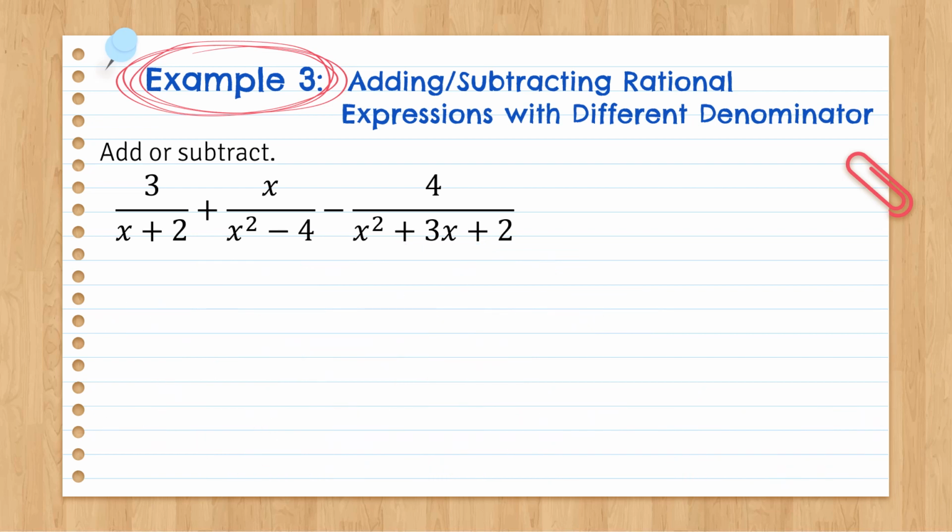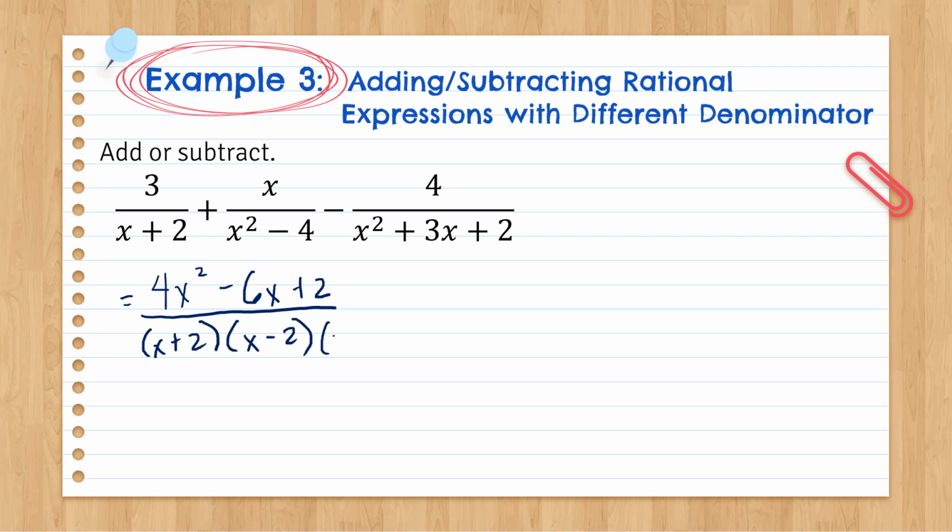So, isulit lang natin kung saan tayo natapos kanina, which is 4x squared minus 6x plus 2. And then, ang LCD na nakuha natin is the quantity x plus 2 times the quantity x minus 2 times the quantity x plus 1.